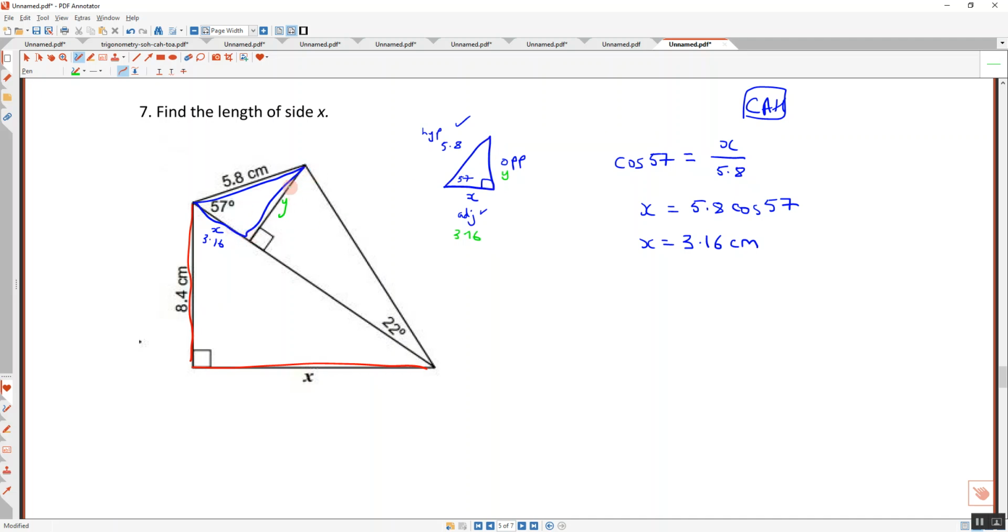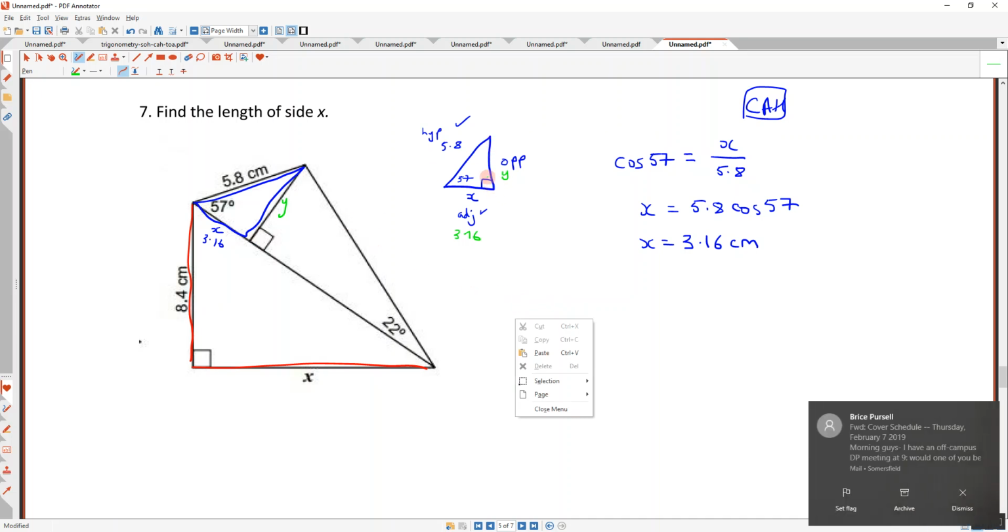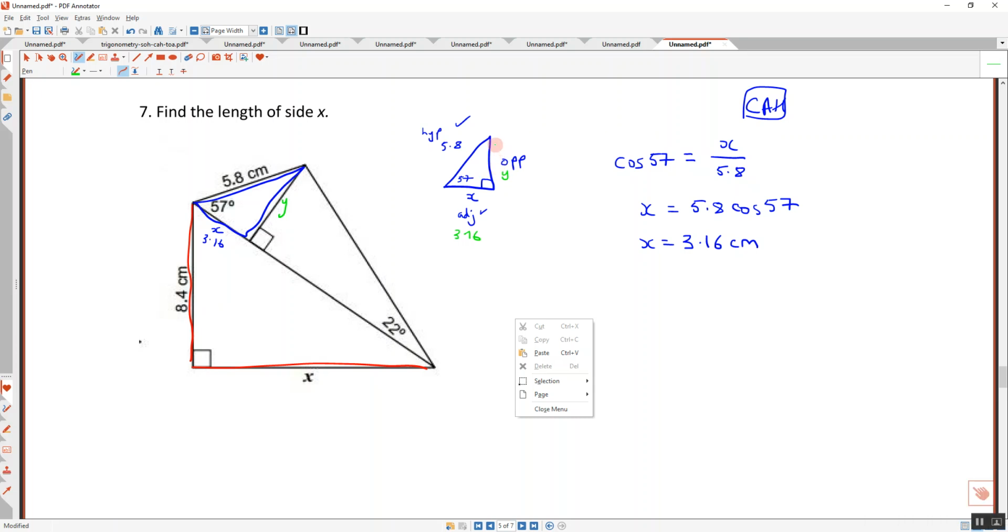Okay, so I'm going to use Pythagoras now to find this side. Now, we look at this, is y the longer or shorter side? Okay, well it has to be the shorter side because this one is the longest because it's opposite the right angle. And if it's shorter, that means when we're doing Pythagoras we have to subtract.